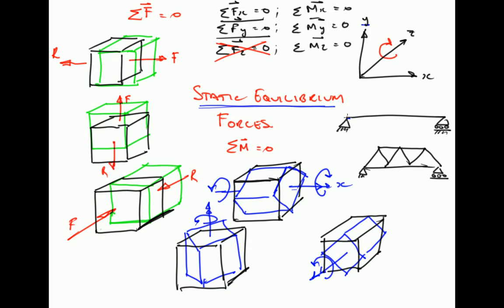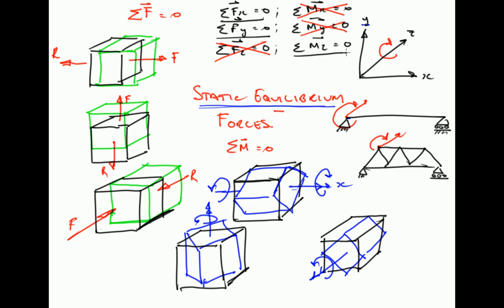We might consider this point here and take moments about that point, or we might look at a frame joint and consider moments about that joint in the frame. These moments are about the z-axis, so we don't consider moments about the y-axis or the x-axis. Those equations we can do away with. The x moments and the y moments go, and we only need to consider the moments about the z-axis.